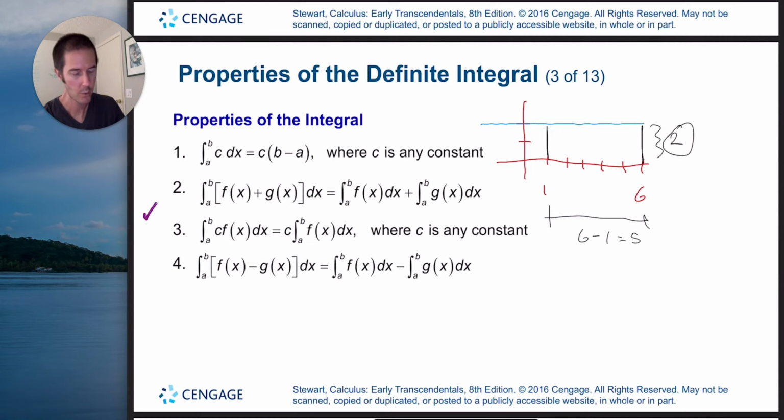So we've got 2 times 5. Well, this 2 was my c value, and 5 is b minus a. So there is your 2 times 6 minus 1, or your 2 times 5, giving you an exact area under the curve of 10. It can multiply, I promise.